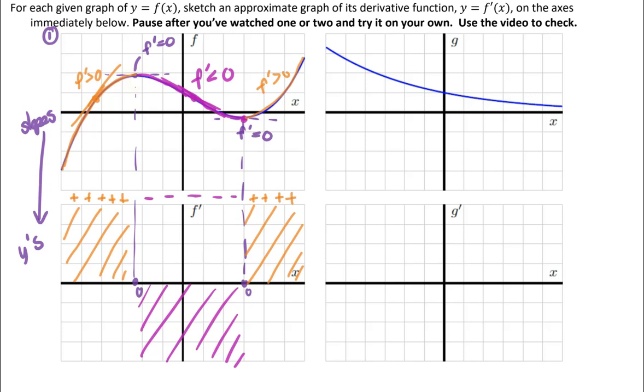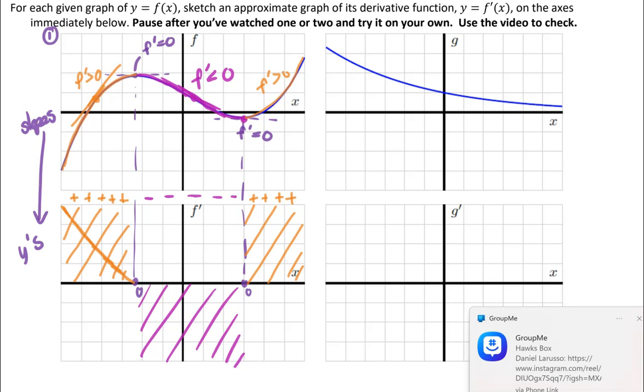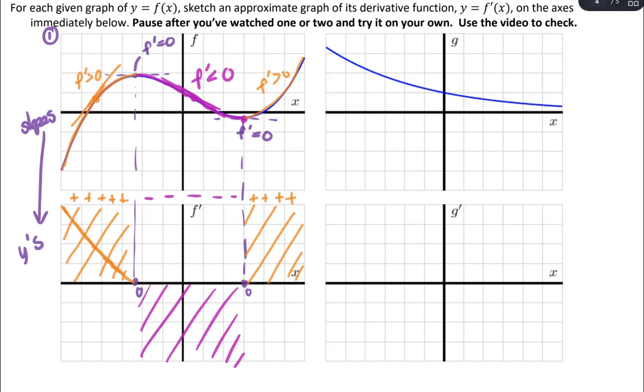I now want to take that down below and say I start with fairly big positive y values, and those y values are getting smaller as I go, and then they hit 0. So that's, again, very rough, but it's just the beginnings. We're going to get some cheats that'll help us do even better as we go learn more about derivatives.